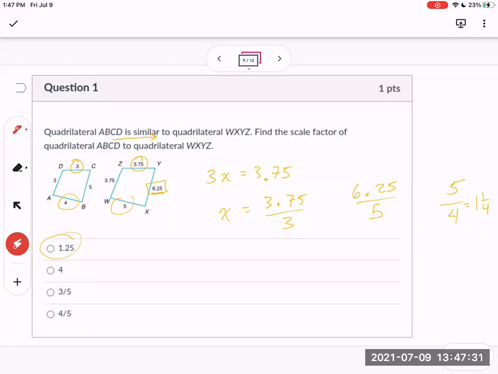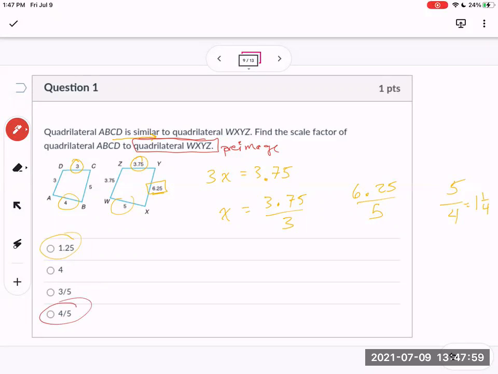It's kind of worded strange. Oh, I think it's saying ABCD is similar to quadrilateral WXYZ, which means WXYZ was the original. Okay. I didn't read it that way, but that must mean that this is the preimage. Oh, so we just did it the other way around. Yes. So the answer is going to be 4/5.